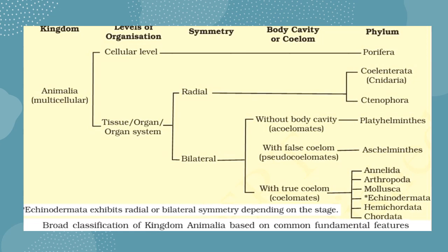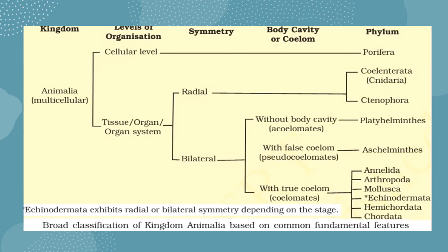And then when organ systems work together, you get a whole organism. So in the level of organization we have cellular level organization, tissue level organization, and organ level organization, or organ system, or just system level organization.